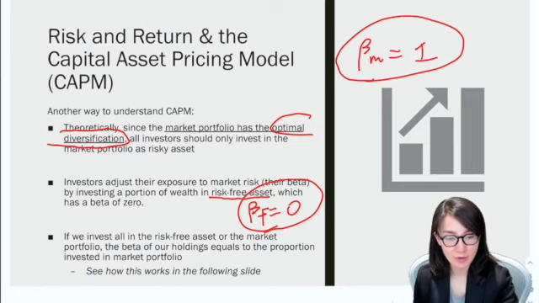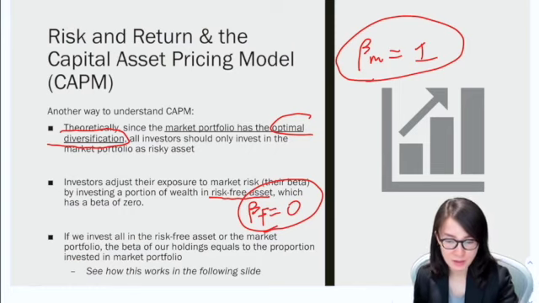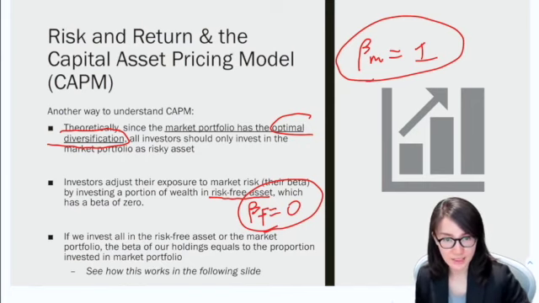If we only have the market index as one asset and the Treasury bill as the other asset, we mix the proportion between the two, we can achieve any beta between 0 and 1. If we want to achieve higher than 1, we can borrow money to buy additional market portfolio. Okay, and we typically cannot have a beta less than 0 unless we go short, we go against the market movement. That's one possibility. Let's see how it works in the following slides.